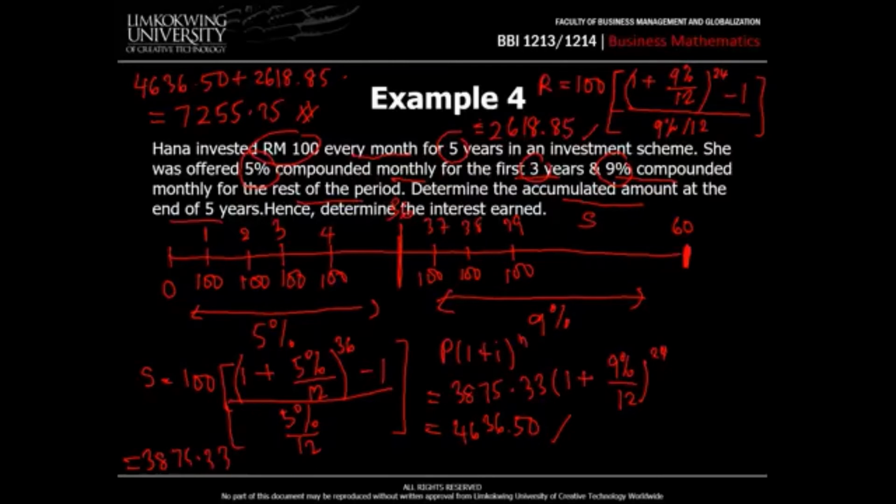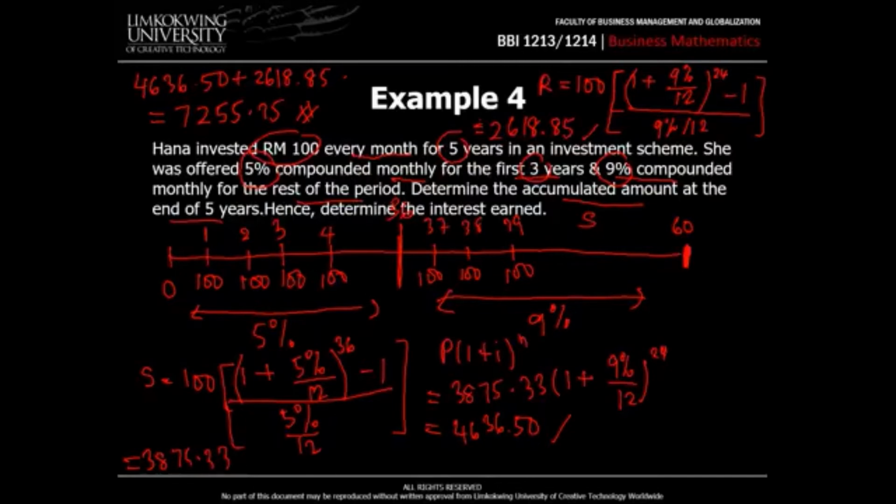Just press the calculator. First, you press 9 divide by 100. Then divide by 12. Then press answer or equal. And then plus 1. Then equal again. Press the power of 24.